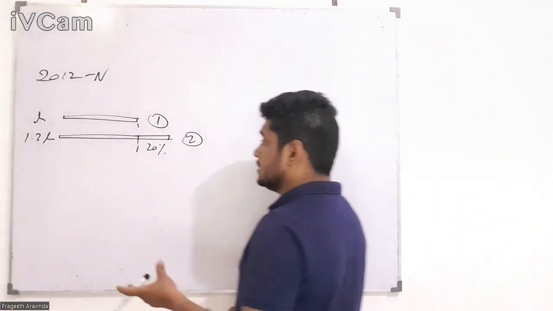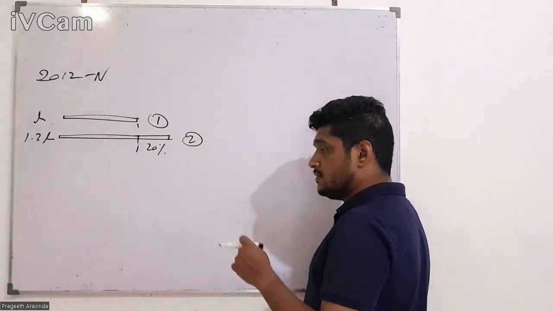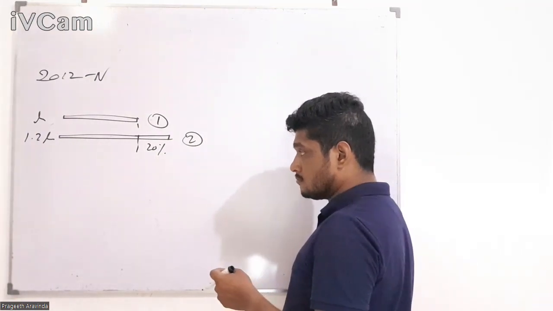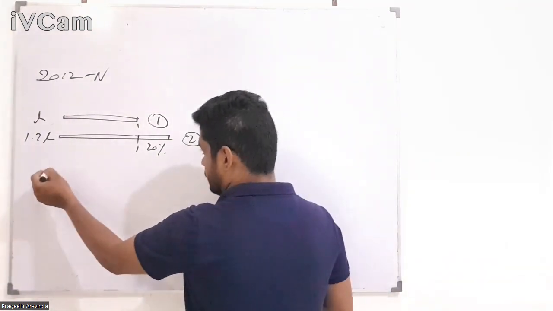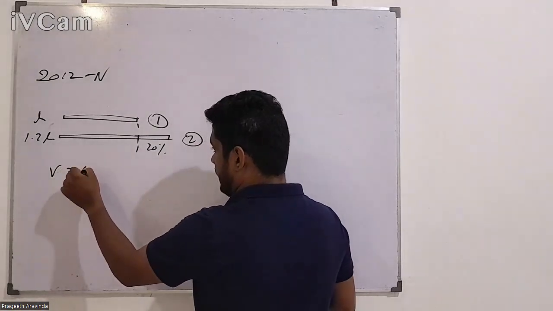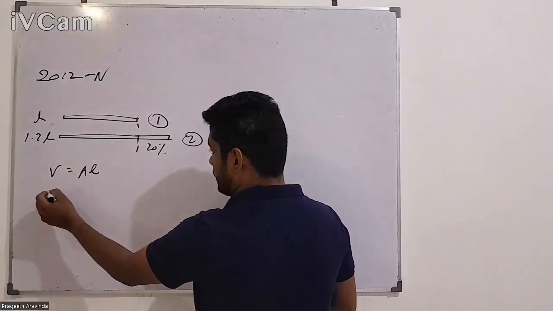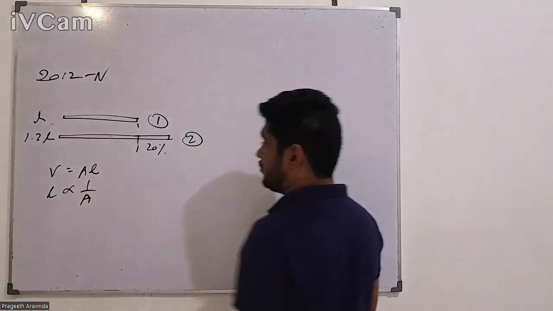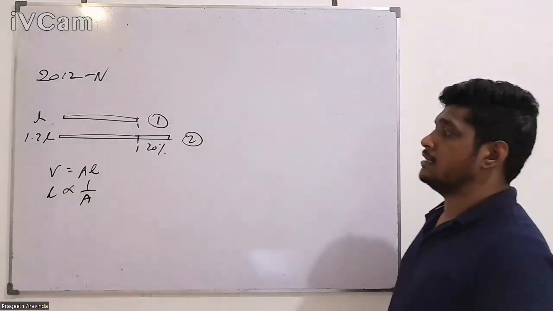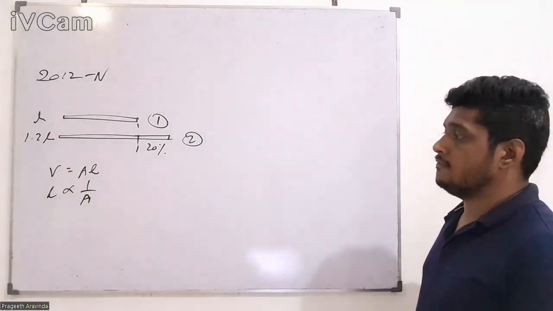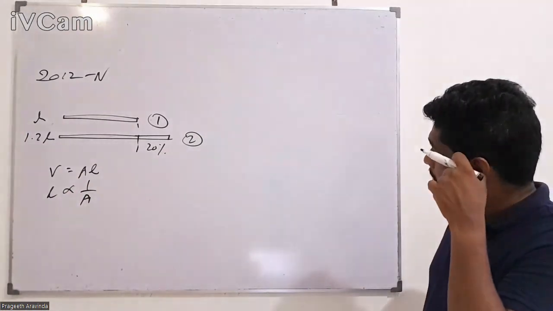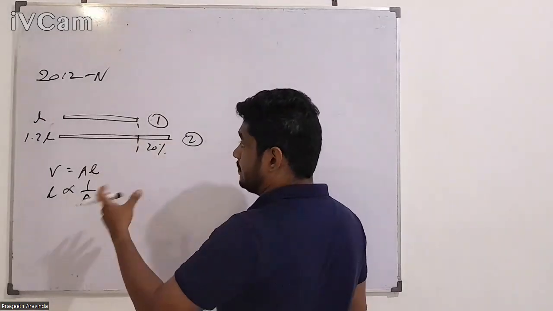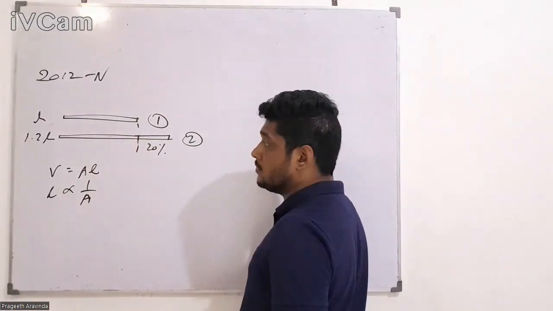But again, the same equation that we have to put. V equals A L, and that means L is inversely proportional to A. So that means the cross sections of these two are going to be different.